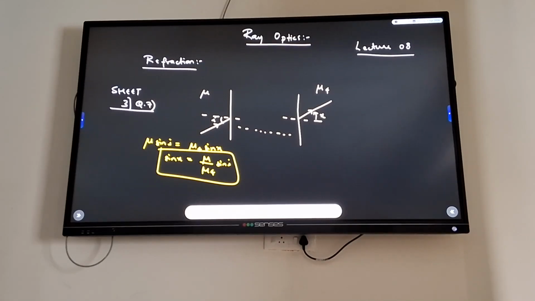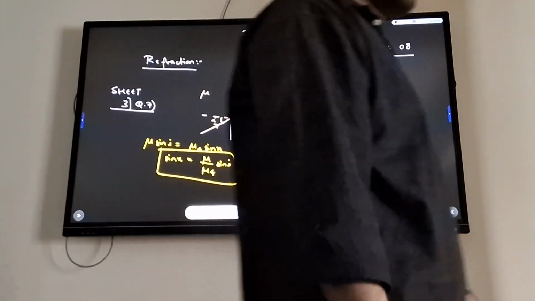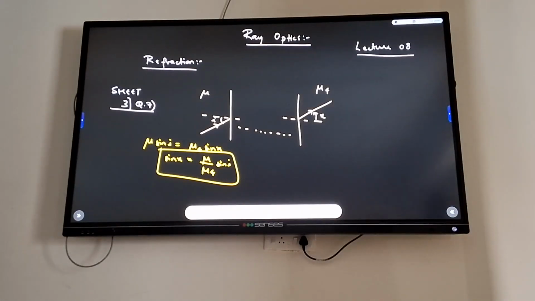Anybody done with question number 8? What is the answer that you are getting? Incorrect. This 8th one, again a fairly simple question, a little tricky.